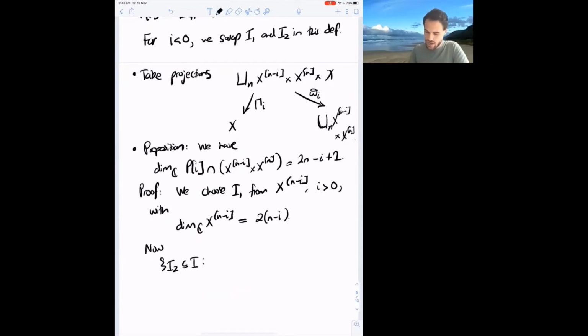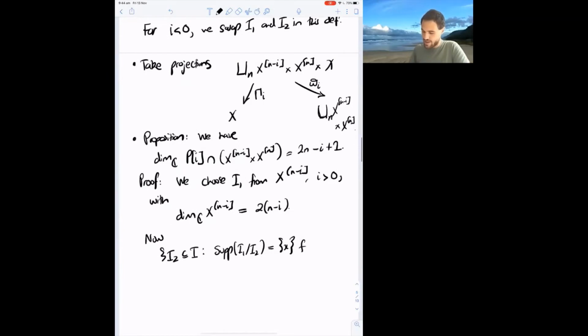Suppose we choose I2, but I2 is not quite general inside of PI. We're going to say that the support of I1 quotient I2 is some x, but we're going to insist that x is not inside the support of OX mod I1.